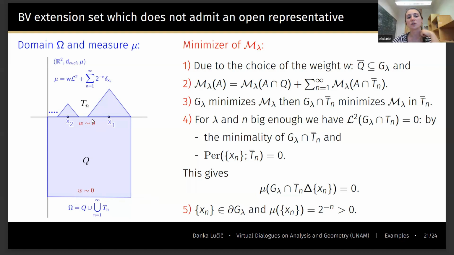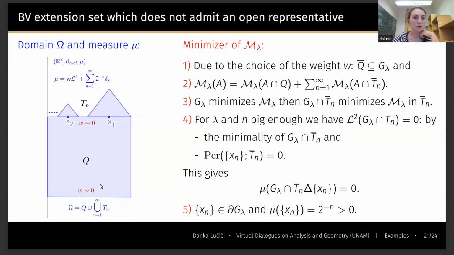So it's going to 0 when you are closer and closer to this line. And then you also sum the Dirac deltas which are centered at these points, which are the centers of the bases of these triangles, weighted in a good way, so you can get something finite.